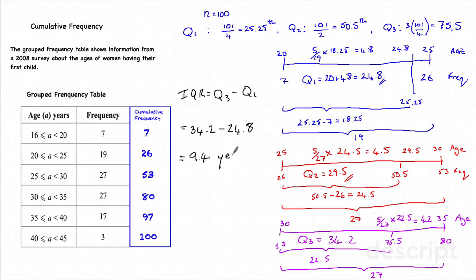And this is years, of course. It's a spread of 9.4 years. Again, I had 9 from my graph. Here, I've got a more accurate answer. Now, this method here is called interpolation. And you've seen a method of using interpolation to find the quartiles in a grouped frequency table. That's the end of this video. I hope you found it useful.